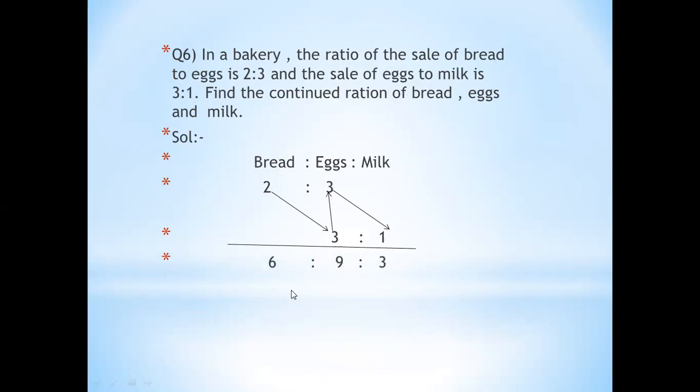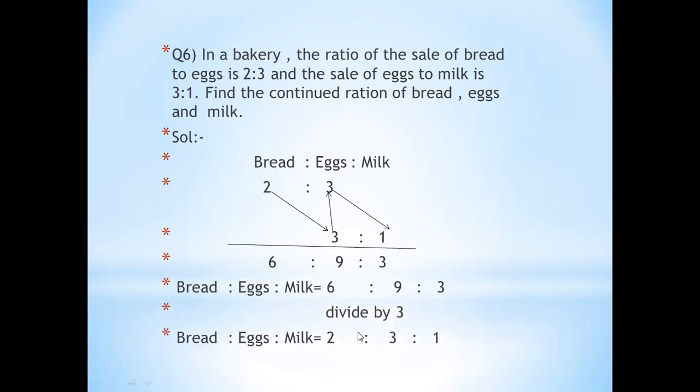So 6 ratio 9 ratio 3. So bread ratio egg ratio milk is 6 ratio 9 ratio 3. If you check, all these three values are divisible by 3, table 3. So we divide by 3. So we get bread ratio egg ratio milk as 2 ratio 3 ratio 1.